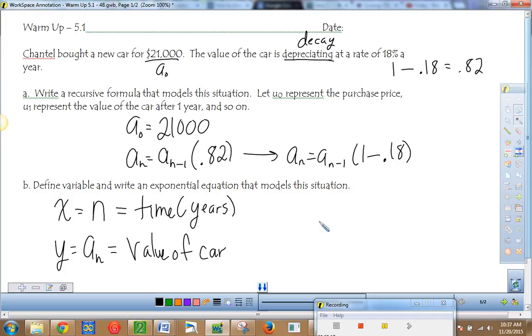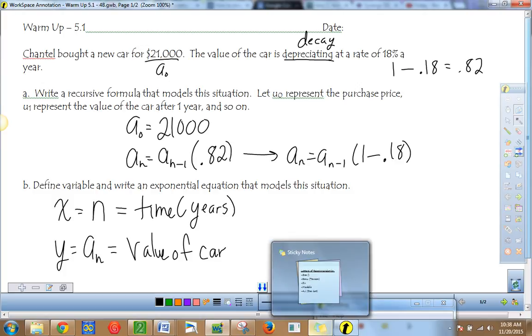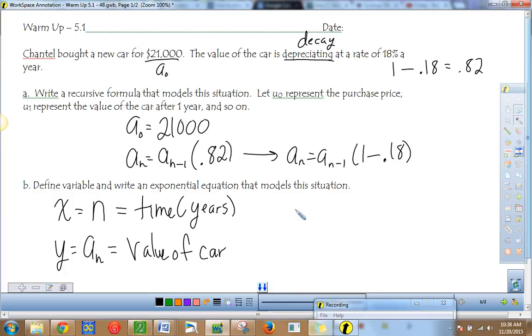So can you make me an exponential equation? So exponential is when we go back into y and x land. Isn't that a sub n equals something times something to the n? Is that right? Okay, so a sub n equals... is that the a sub 0, right?